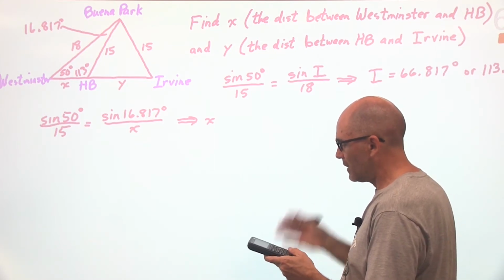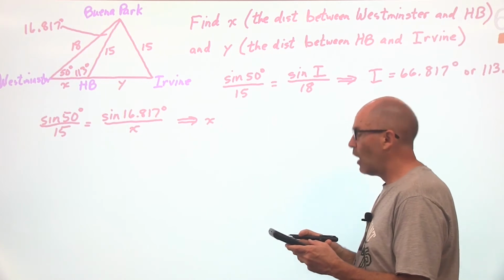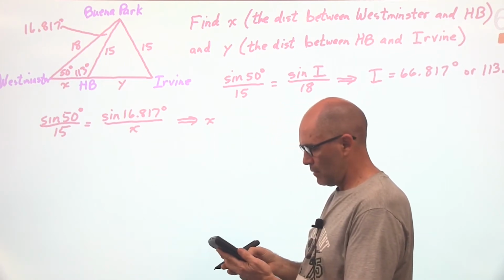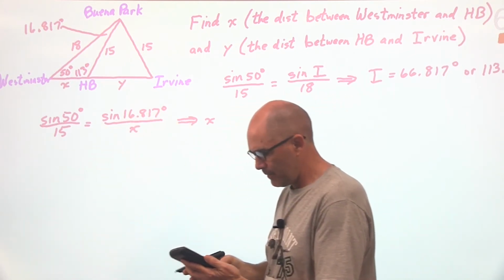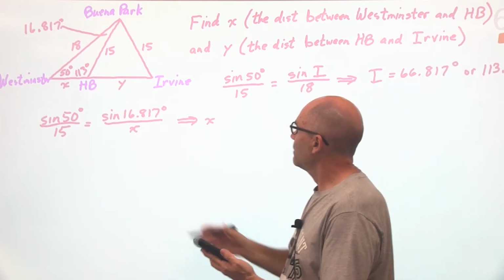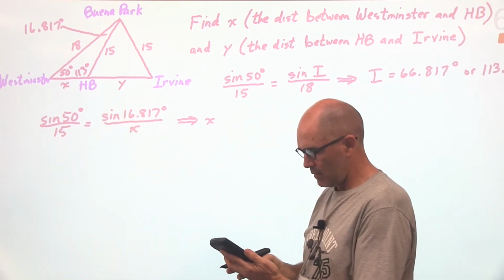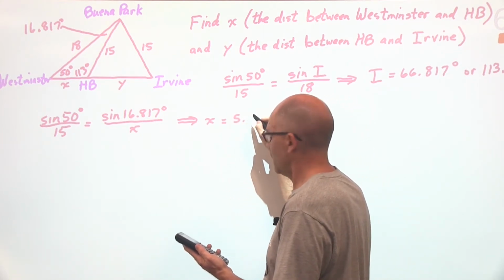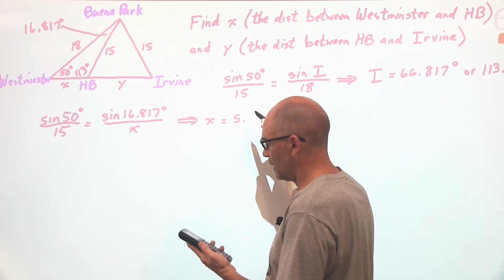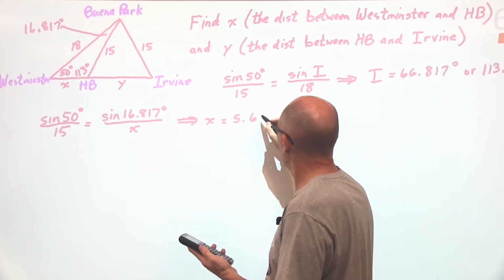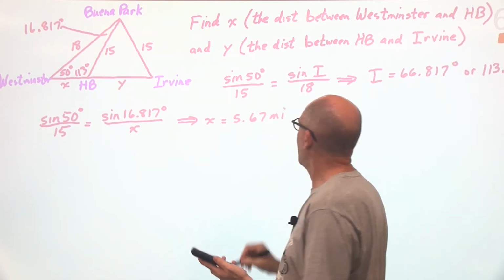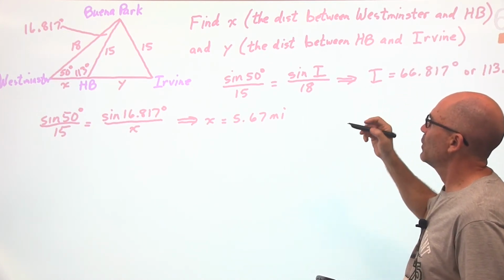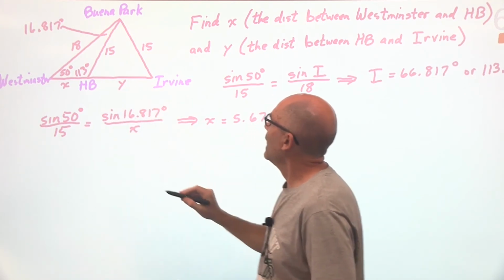And there I have the exact 16.817. So now I take the sine of that times 15 divided by sine 50, and I have x equals 5.665, so we'll say 5.67 miles.